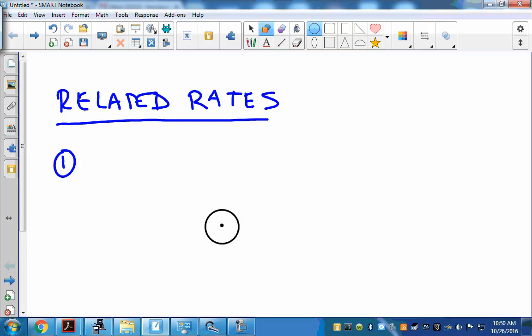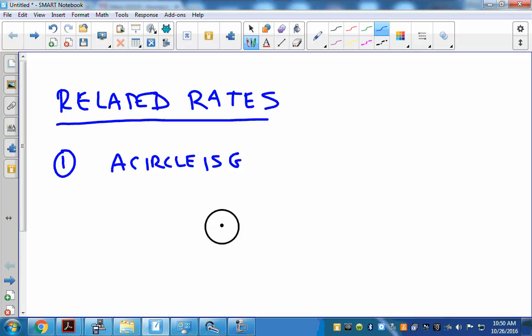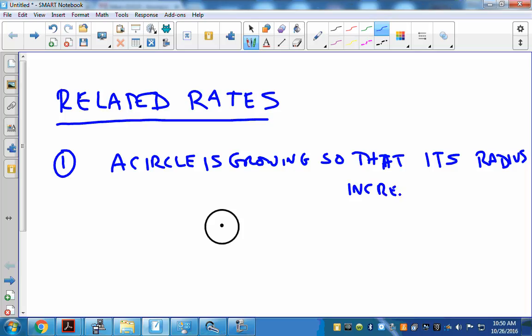Okay, so a circle is growing, so that its radius increases at a rate, that should be a Q right there, that's a derivative, of 3 centimeters per second.